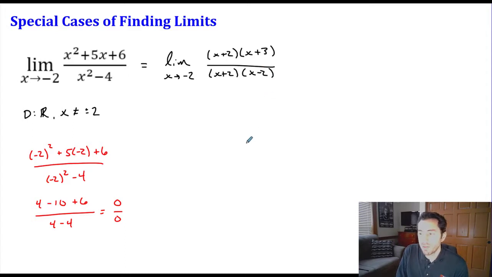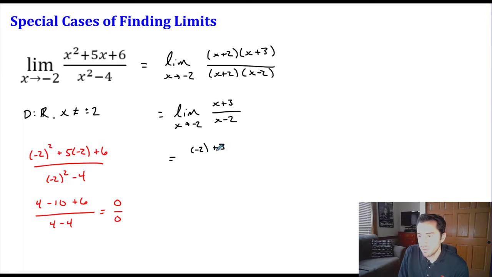Now that we're in factored form, we can see that we have a common factor in the numerator and the denominator that's simplified. So we end up with the limit as x approaches -2. Those cancel out, and we just have x plus 3 over x minus 2. Now that it's simplified, we can plug in -2.